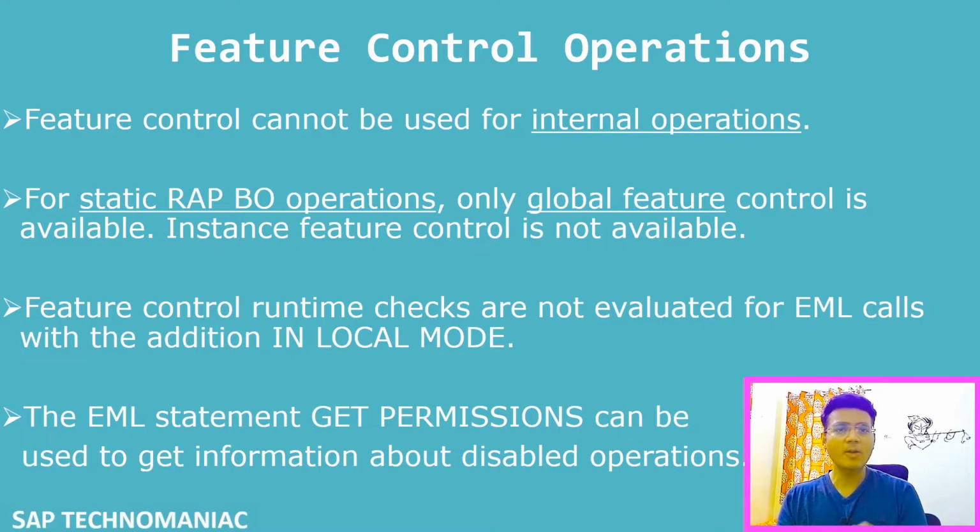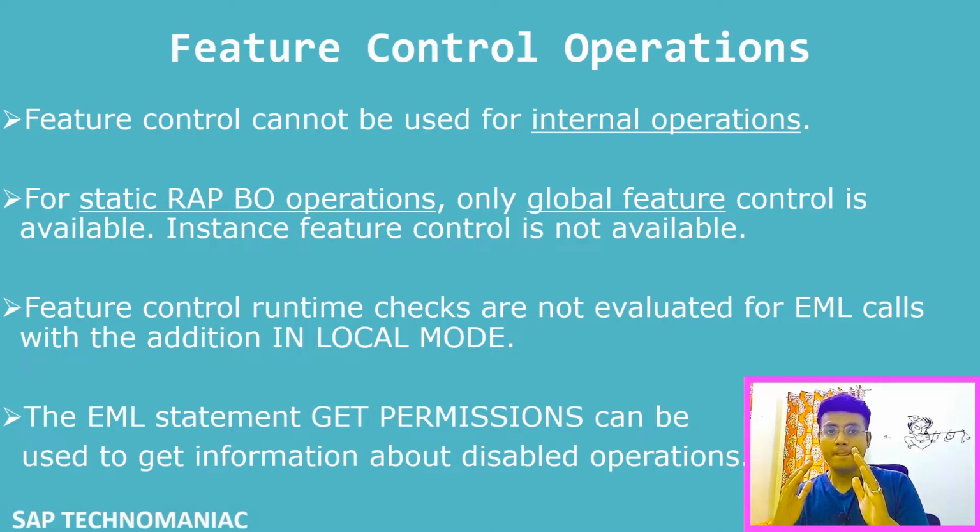One more thing, in local mode. We also discussed this in my previous video on read and modify operations. In the read and modify operations, when we use in local mode, all the feature control we have defined will be disabled. Not only the feature control, authorization checks will also be disabled.